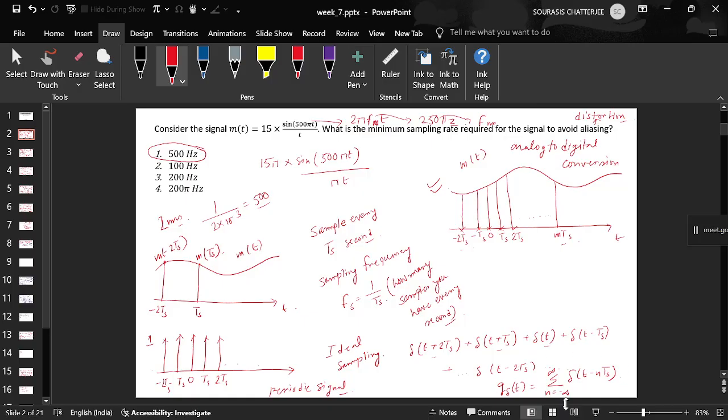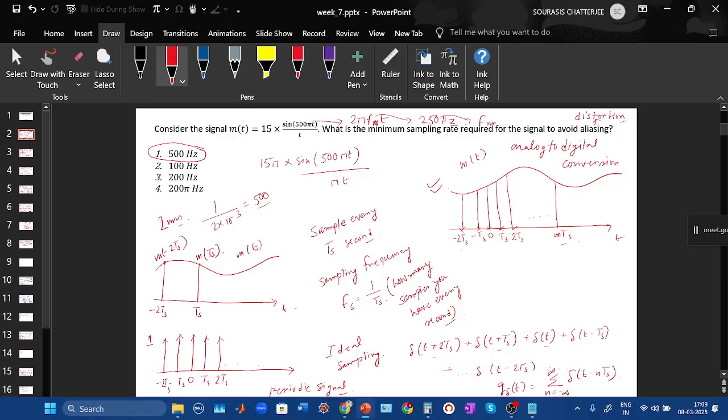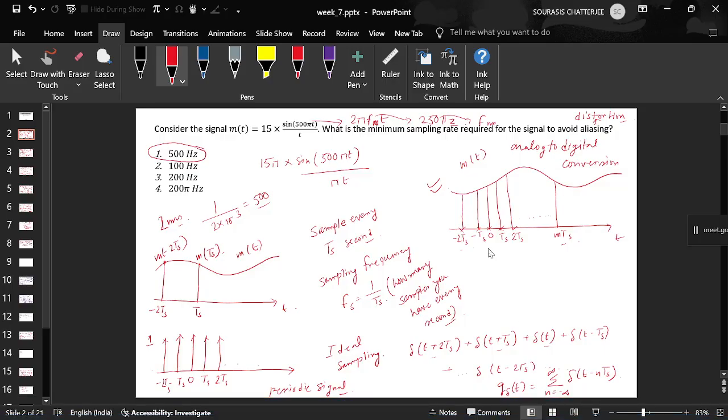This is what we want to achieve in practice: sample the message signal. We create an impulse train, we have the message signal, we multiply them, and as a result, at those particular sampling instants, the amplitudes of the impulses are modulated by the message signal at those points.